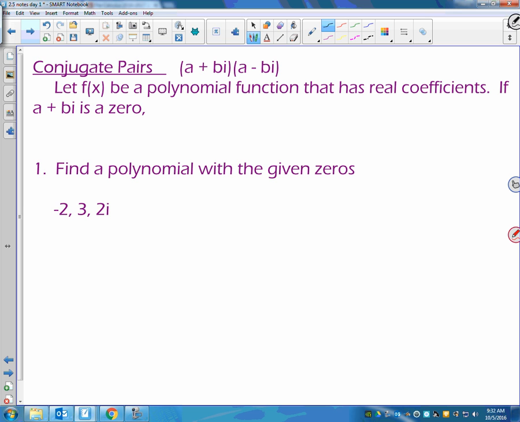So, going right with that idea, complex zeros never appear by themselves. Complex zeros are always in pairs. So it says if a polynomial function has real coefficients, if a plus bi is a zero, then its conjugate, a minus bi, is also a zero. And that should sort of make sense because when you multiply a plus bi times a minus bi, doesn't it turn out to be a lovely real number?